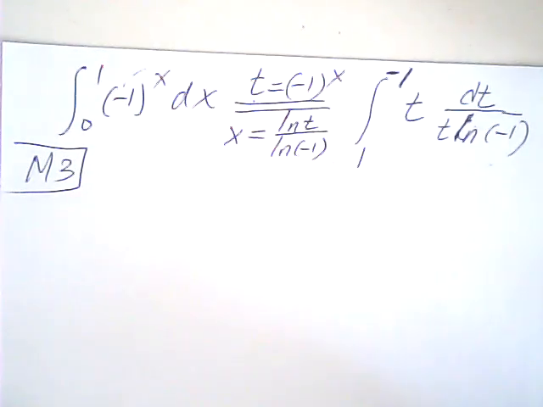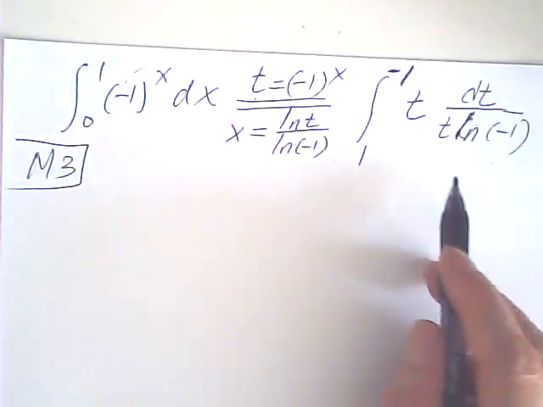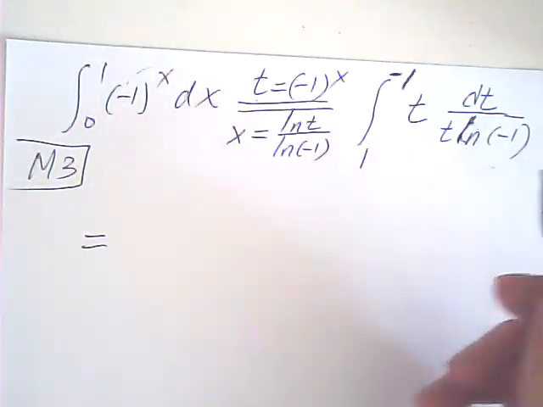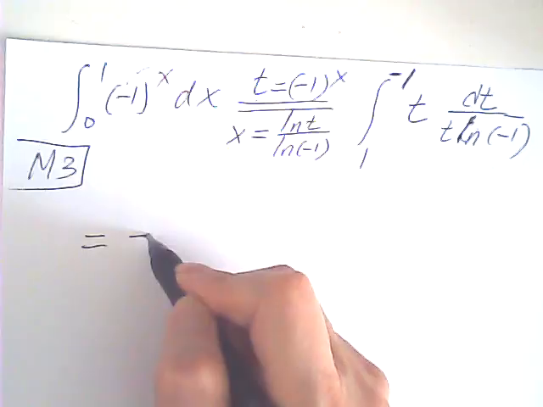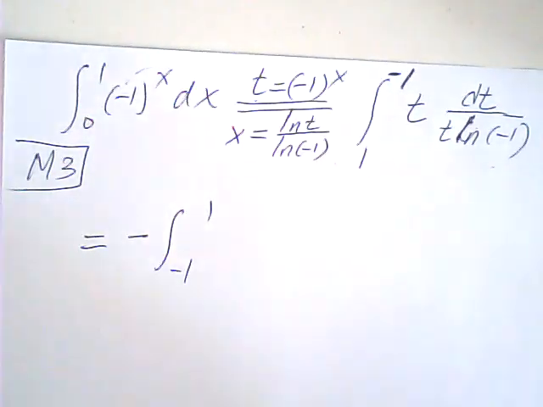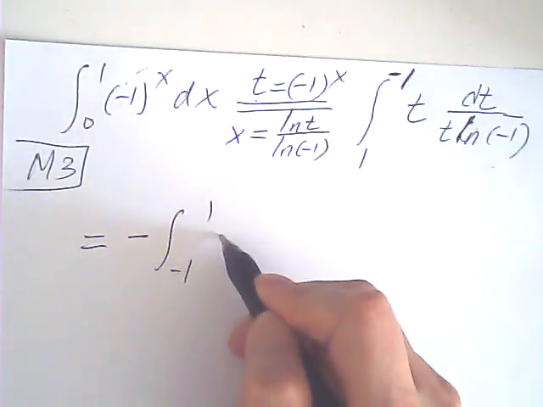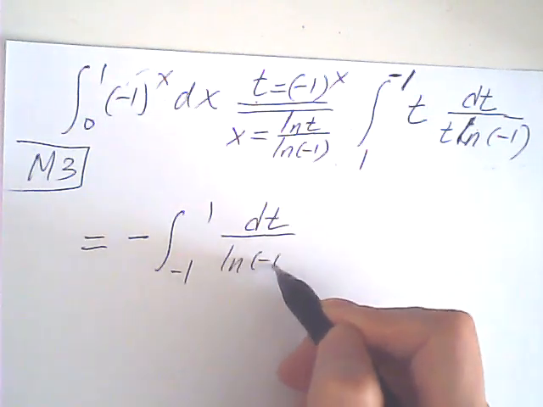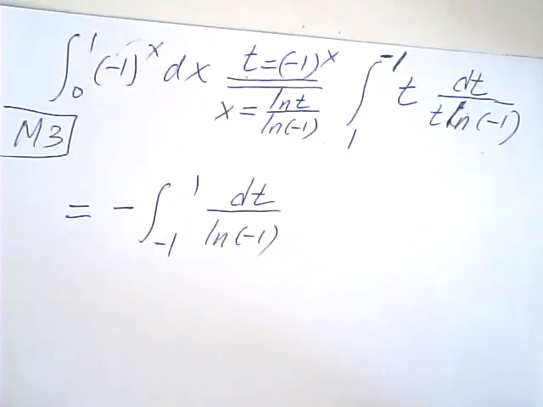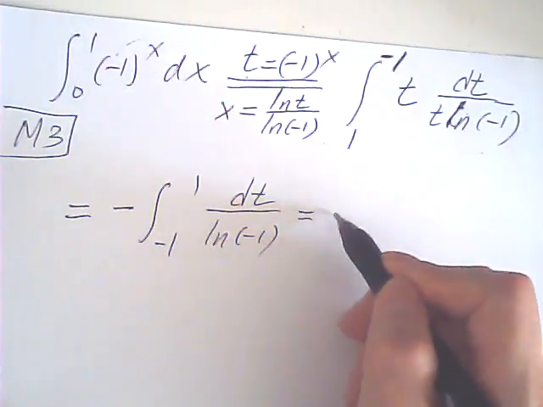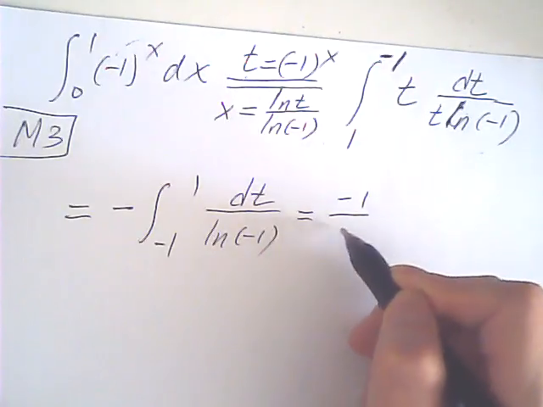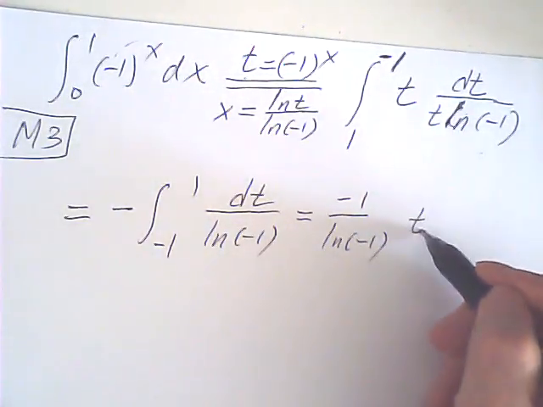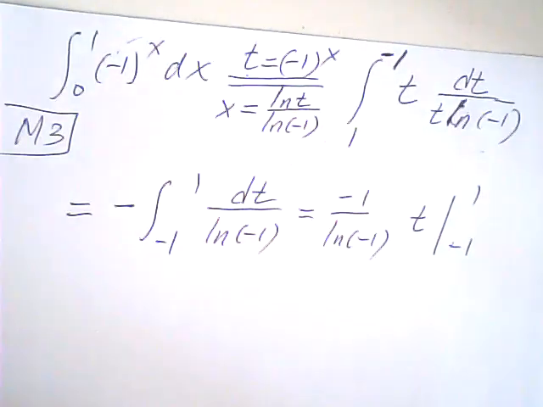Oh, okay, I was confused with this. So the t cancels out. If I switch the limits, that becomes negative, right? From negative 1 to 1, dt over log of negative 1. So this one is equal to negative 1 over log of negative 1 and t, from negative 1 to 1.